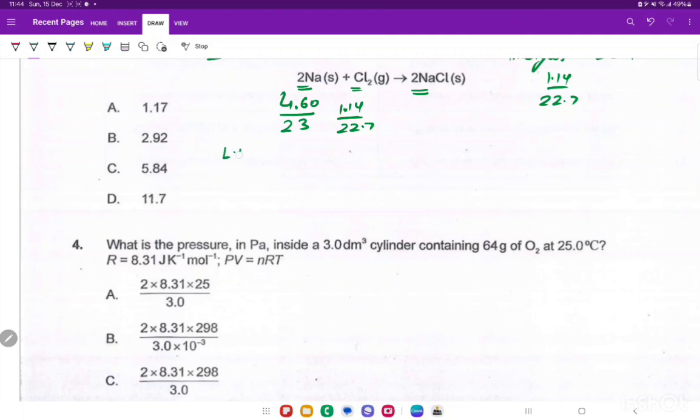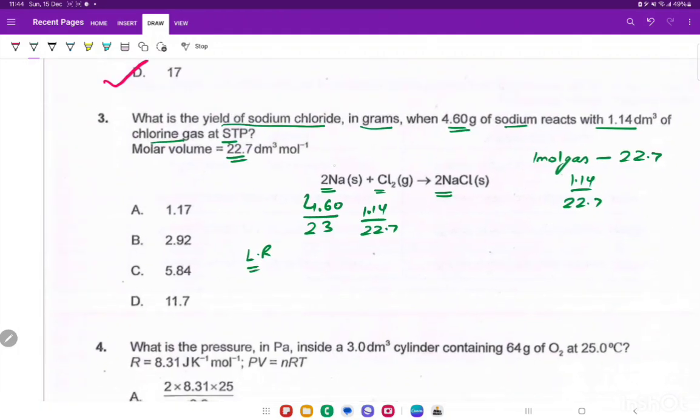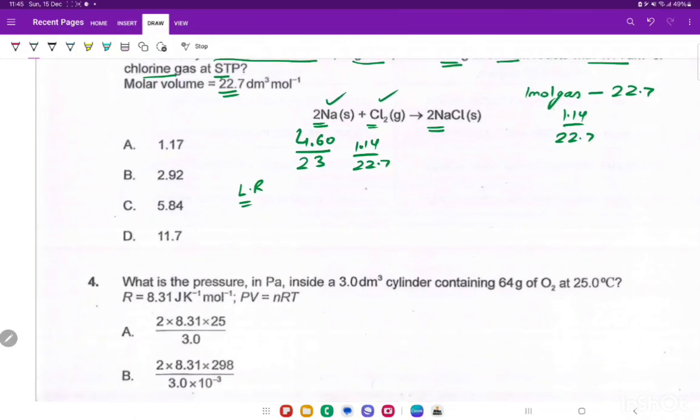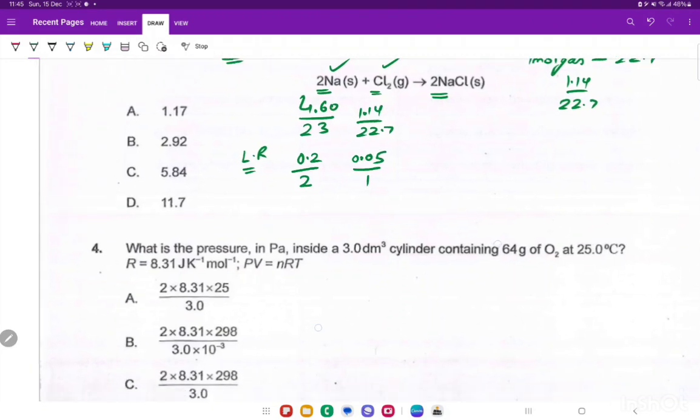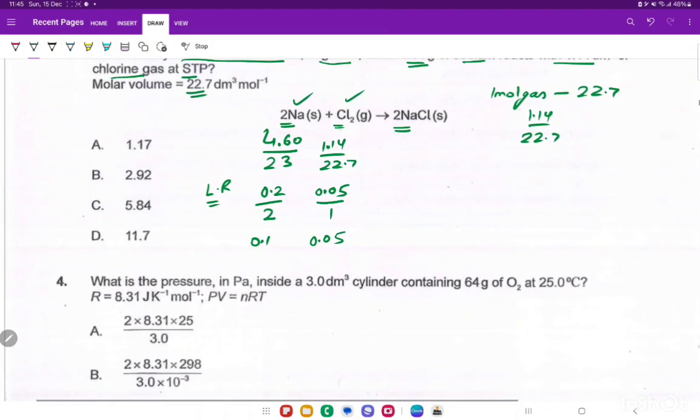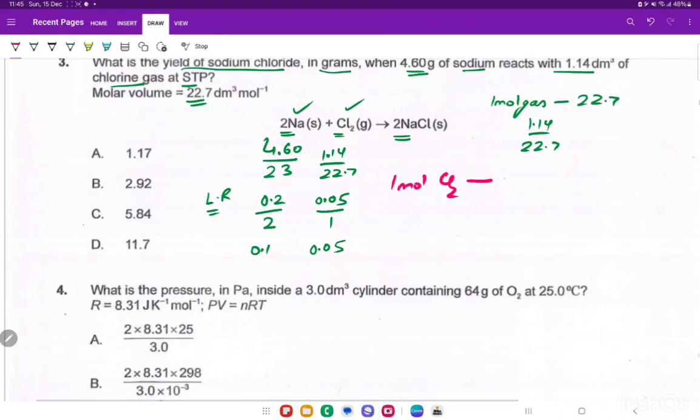Now, why am I finding the limiting reagent here? Because for both reactants I have the masses or moles. LR will be 4.60 upon 23, which is 0.2, divided by 2, and 1.14 upon 22.7, which is 0.05, divided by 1. So it comes out to be 0.1 and 0.05. It means chlorine is my limiting reagent. According to this equation, 1 mole of Cl2 gives 2 moles of NaCl.